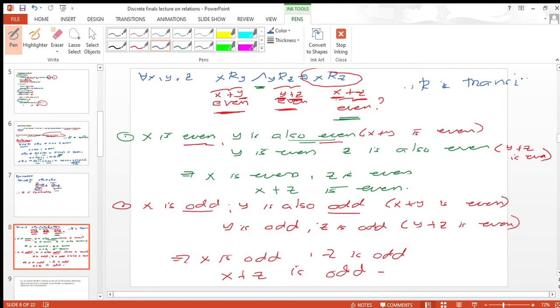And since all the conditions are satisfied, then final conclusion, thus R is an equivalence. Therefore, R is an equivalence relation. Next example.